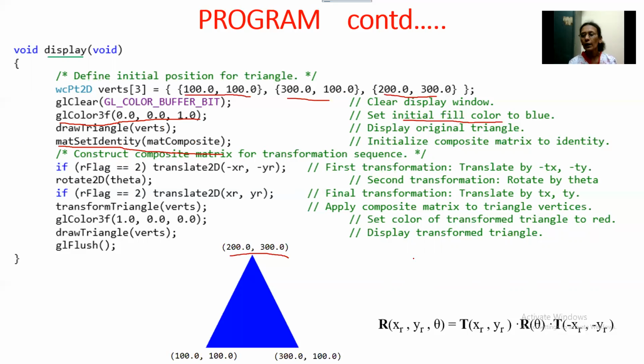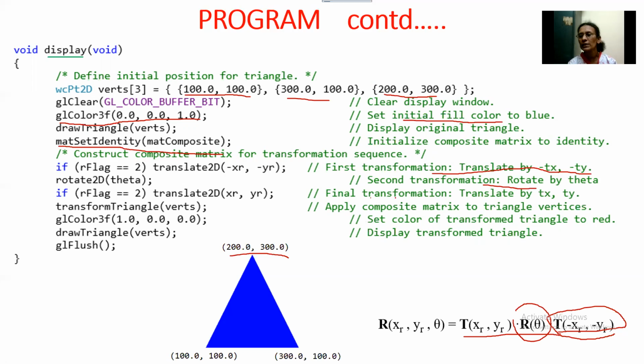Okay. Now, my transformation is, we know that this is the composite. That is, first I have to do translation by minus xr, minus yr. That is what I've given here. First transformation, translate by minus tx, minus ty. The second transformation is rotation by theta.